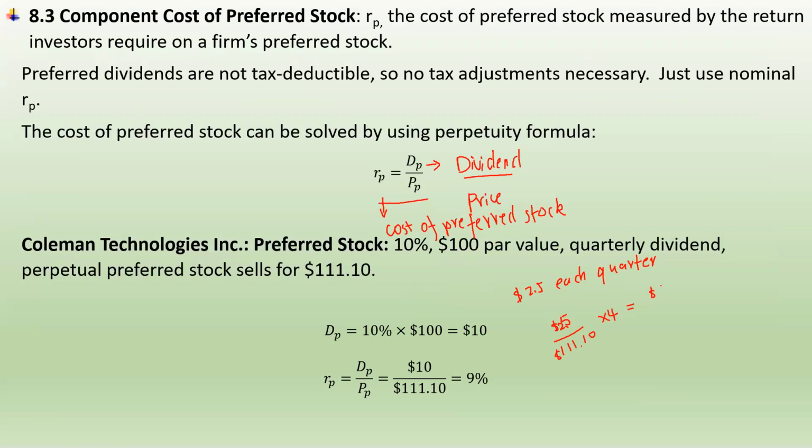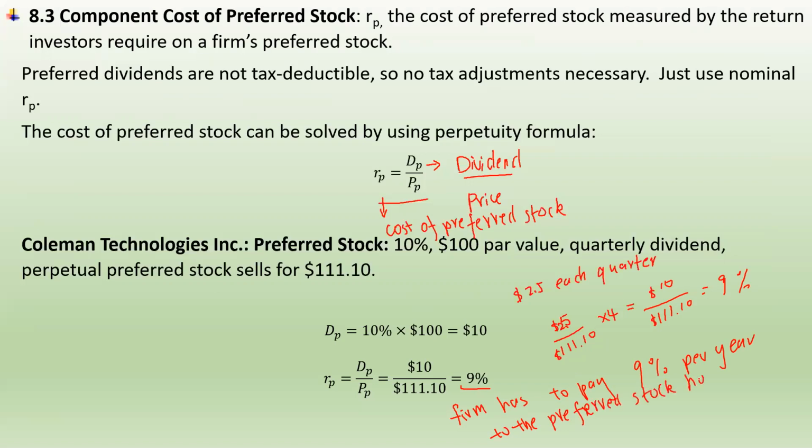So it is still equal to 10 over this 111.1, which is equal to 9%, which means the firm has to pay 9% per year to the preferred stockholder to use this preferred stock capital.